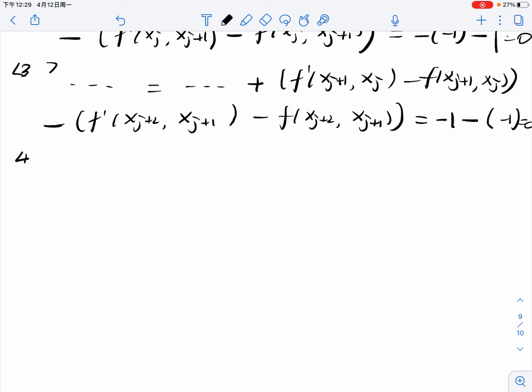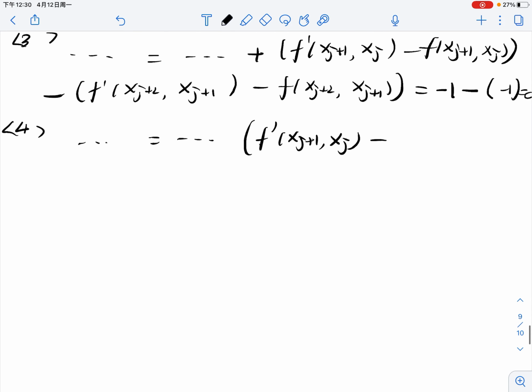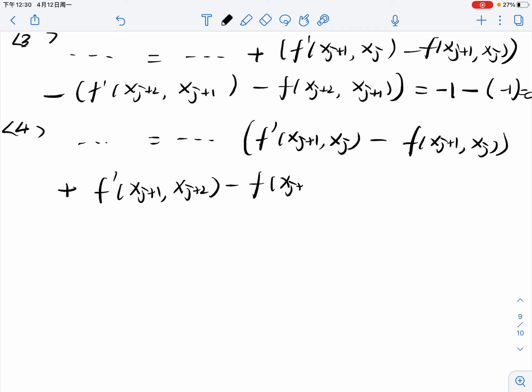Okay, and then for the last one, we have f of (xj plus 1, xj) minus f of (xj plus 1, xj) and plus f prime of (xj plus 1, xj plus 2) minus f of (xj plus 1, xj plus 2). And then the first one is minus 1 and the second one is plus 1.